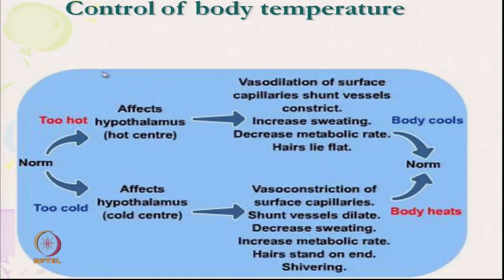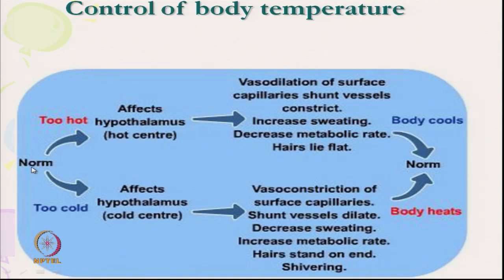In the hypothalamus there are two types of centers, a hot center and a cold center. This is present in our brain, which senses the hot and cold. So, if it is too hot, the brain senses it, then it starts the physiological activities.